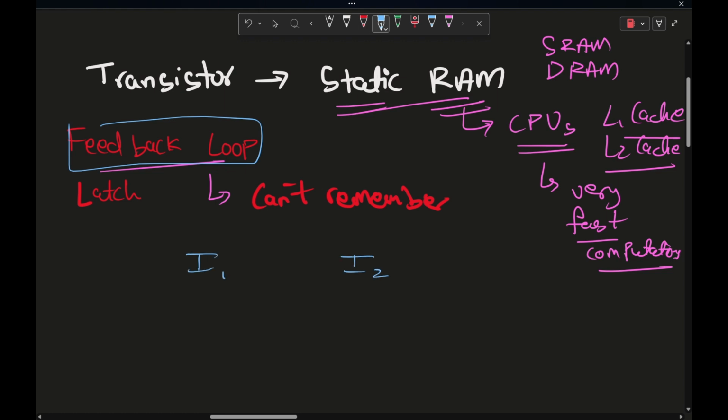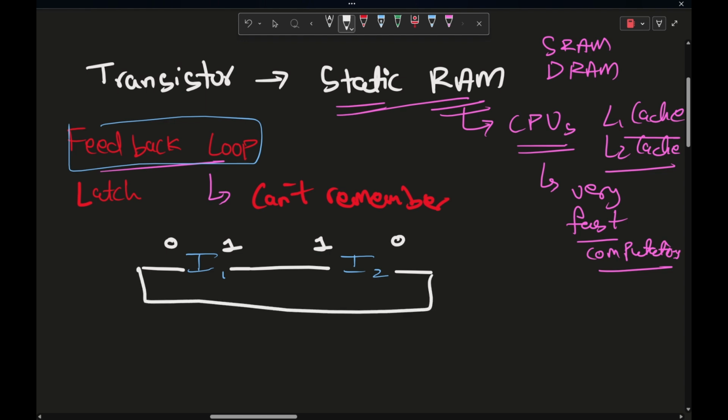What an inverter does is, whatever input you give, it will output the opposite. If you input 0, it will give 1, and when this 1 goes into inverter 2, it will output 0. So it is connected like this. Whenever I give 1 as an input, it will give 0, this 0 goes to the other inverter, and it gives 1.